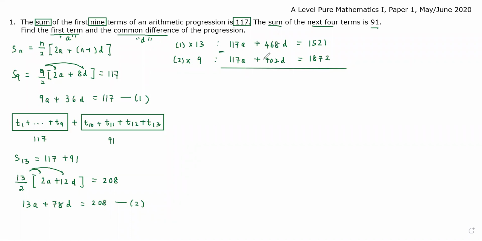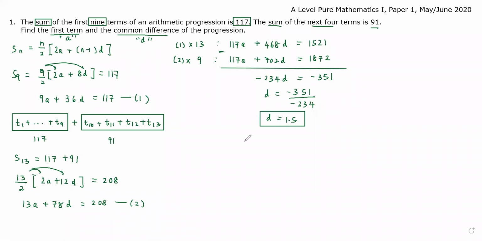So upon subtraction, you'll have negative 234d, and this is negative 351. So d here would be negative 351 divided by negative 234, and this gives you a value of 1.5, which is the common difference.